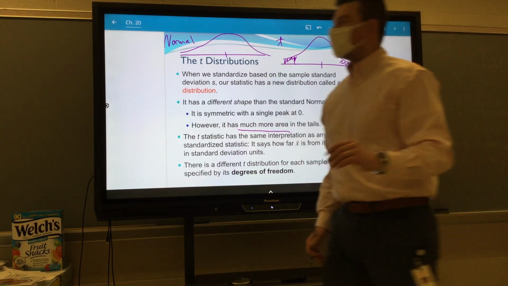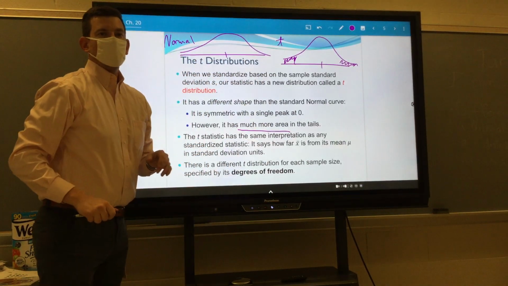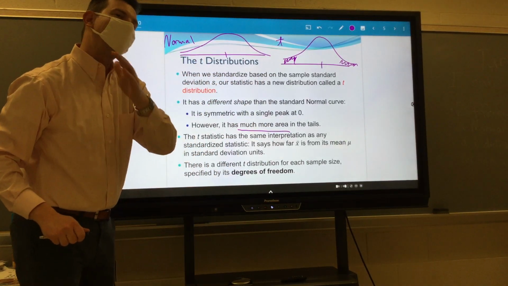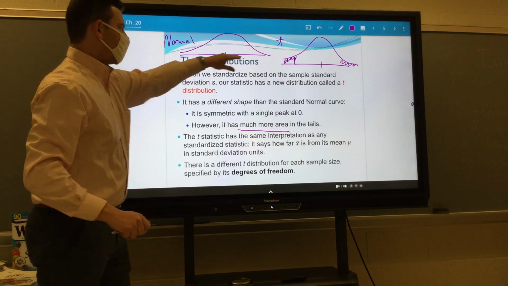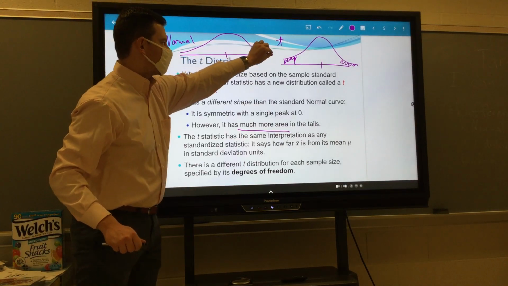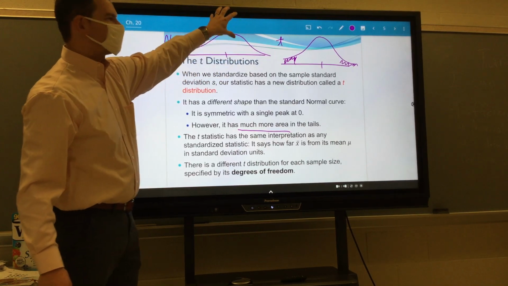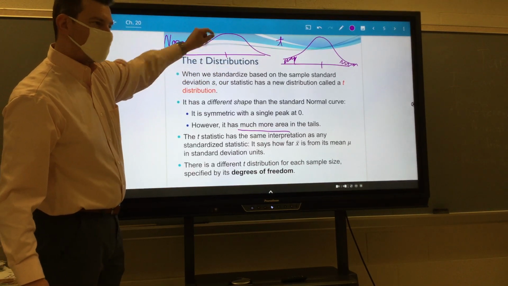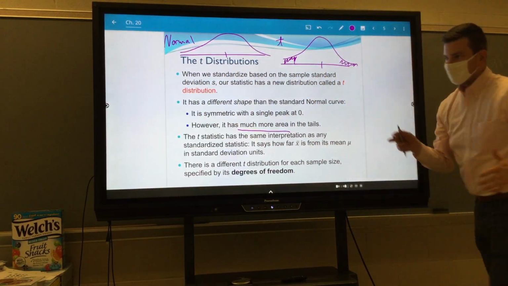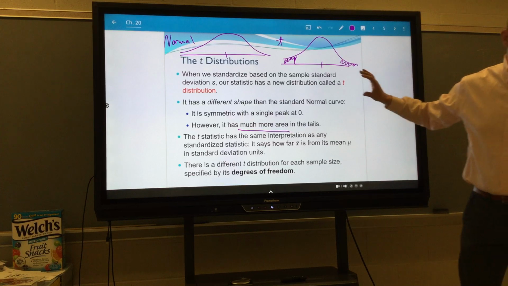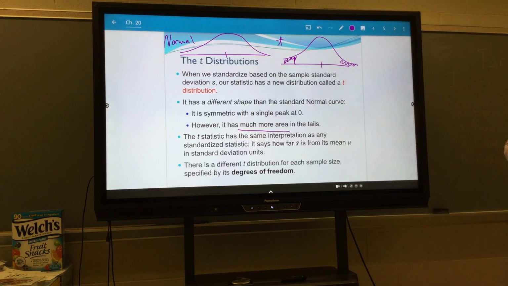As opposed to the normal distribution, where we know that outliers are very uncommon and they do bad things for the normal distribution, so they are pretty rare. This gets down close to the axis pretty quickly. Okay, so we have more data right around the center. We have more variability in a t distribution, meaning that we have more data at the extremes.